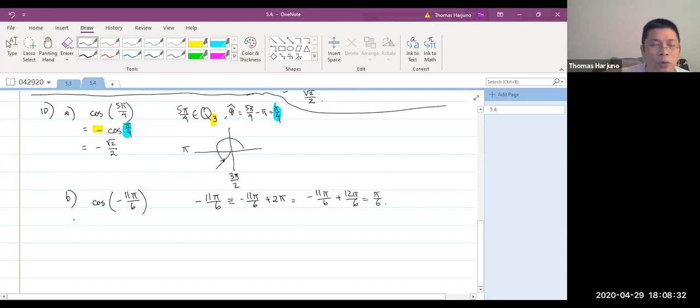So cosine of negative 11 pi over 6, because it's coterminal to pi over 6, must have the same value. To our luck, the coterminal angle is located in quadrant 1, so we can compute that right away. What is cosine pi over 6?